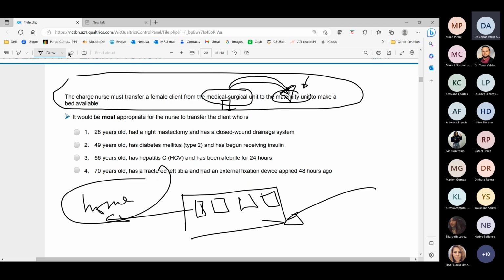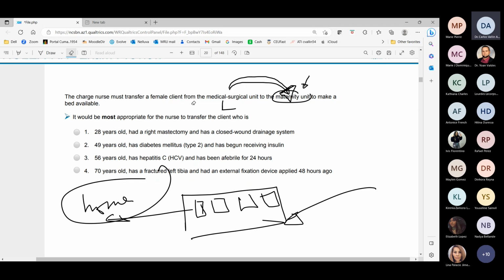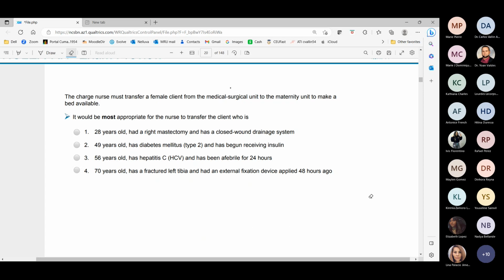So you need to visualize the scenario and understand the question when you read it. Of these 4 clients, which one is the best to be managed by an OB nurse, a super specialized nurse, a nurse that has been working for 20 years in an OB gynecological area?